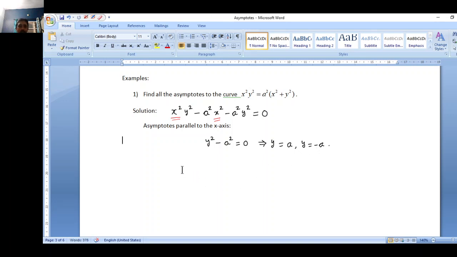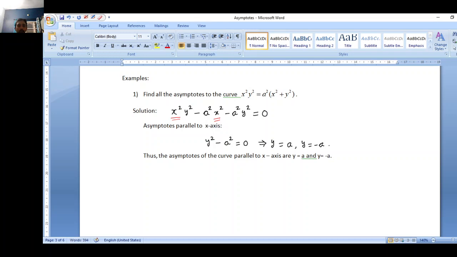So now we'll say thus, the asymptotes of the curve parallel to the x-axis are y equals a and y equals minus a. Right? So this is how you find out asymptotes parallel to x-axis.